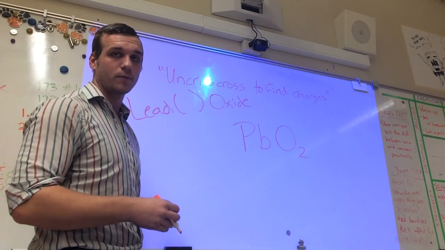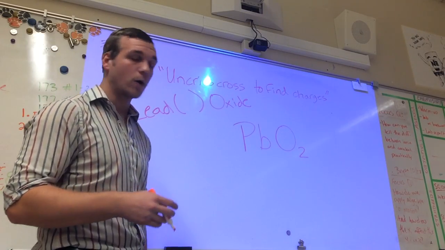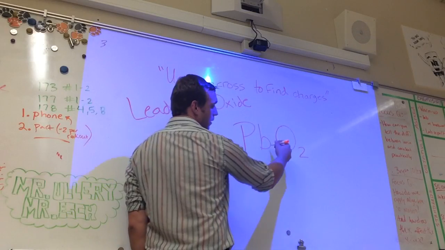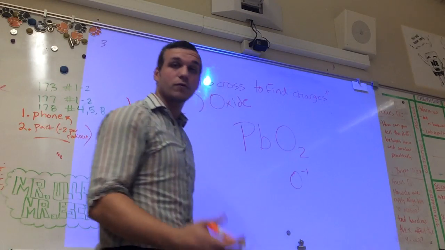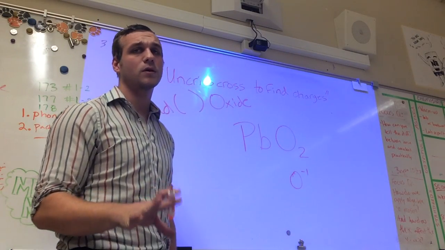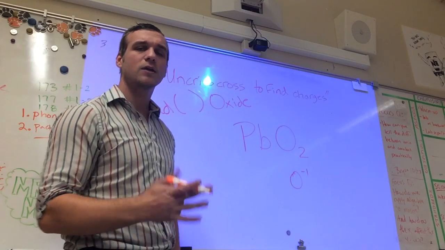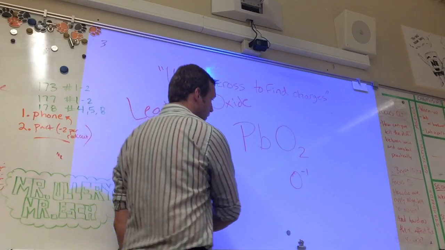Uncrisscross is not going to work. I'm going to show you why. Here, I'll just show it to you so you understand why. If you uncrisscross it, the 1 goes for oxygen. Is oxygen ever going to be -1? No, it won't. It's always going to be 2 negative. Okay? So that's why it doesn't work, because when you try it like that, it's not going to be happy.